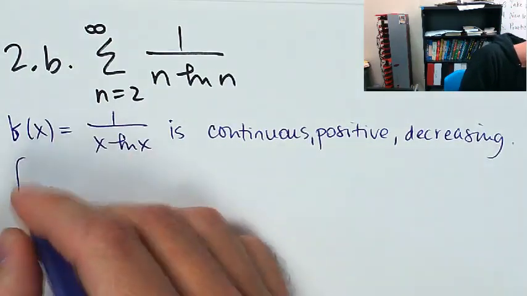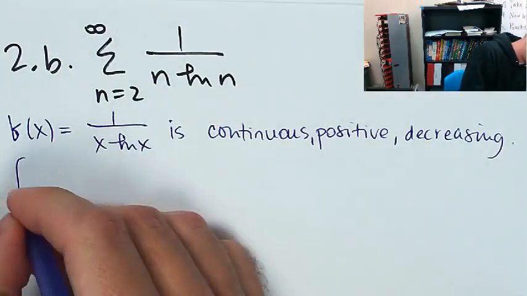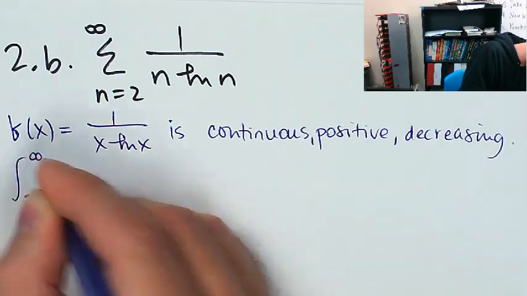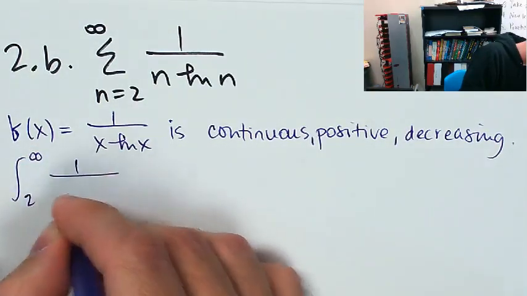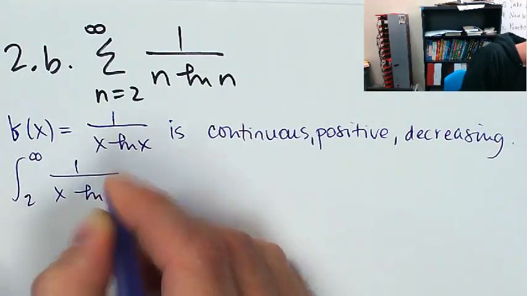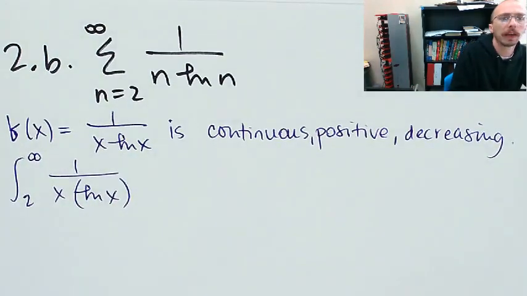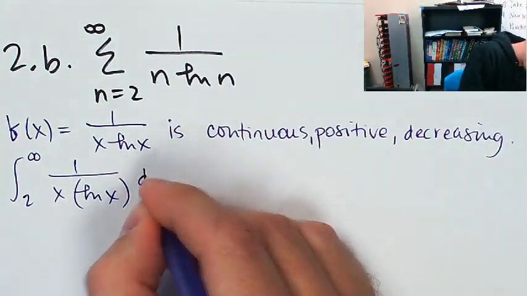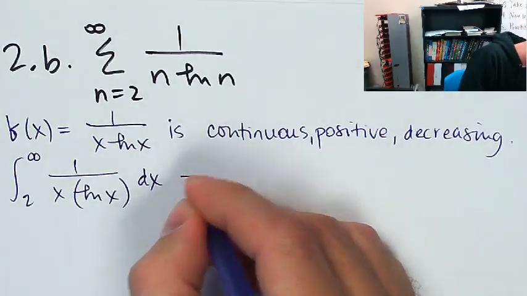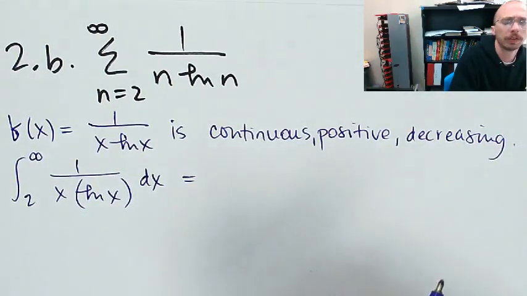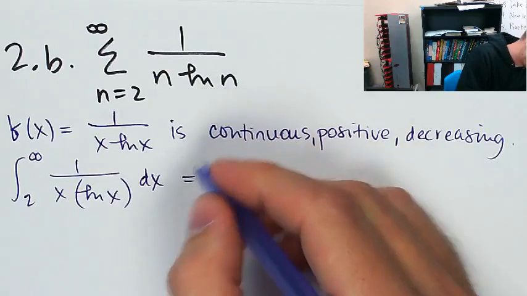We're going to consider the integral from 2 to infinity of 1 over x times the natural log of x, and maybe I'll write it like that. All right, maybe I'll just rewrite it one more way in case you're watching this, you're like, I'm not sure how to anti-differentiate this.